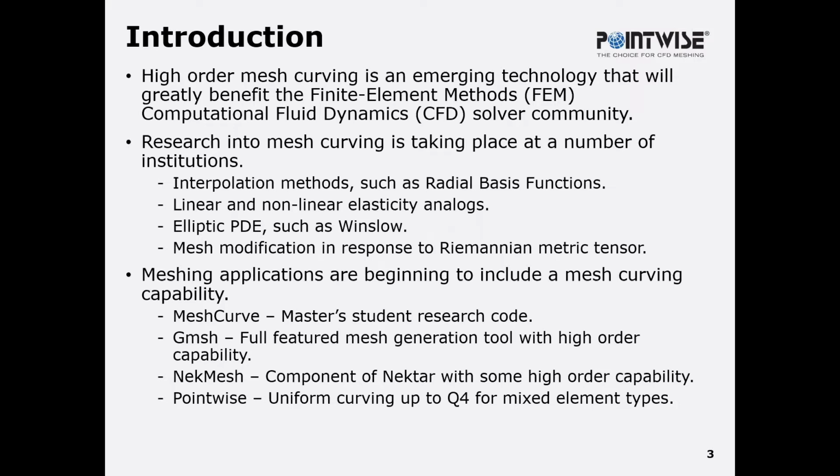And the production release of Pointwise provides a uniform curving up to Q4 for mixed element types. For example, a grid consisting of tetrahedrons, hexahedrons, pyramids, and triprisms. So it's a range of the elements allowed in the grid that can be elevated.